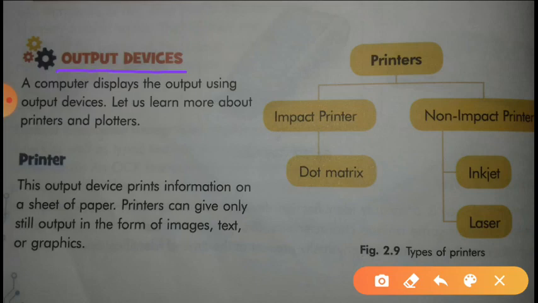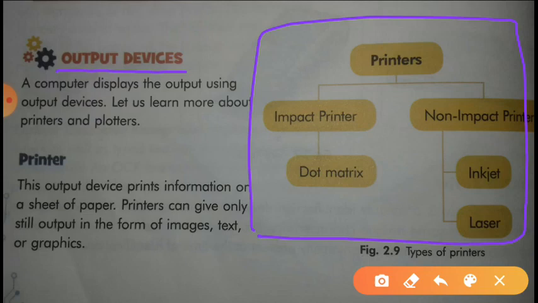Dear students, this is the flow chart of printer. There are two types of printer. First is impact printer and second is non-impact printer. Dot matrix is the impact printer, and inkjet and laser are the non-impact printers.